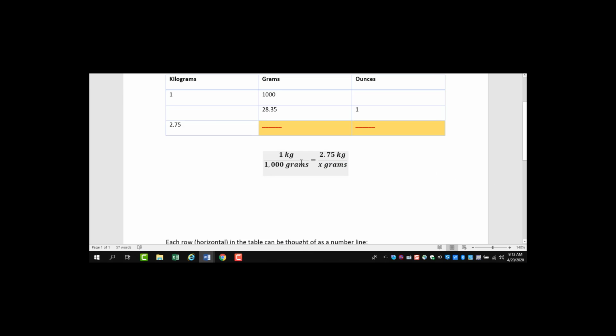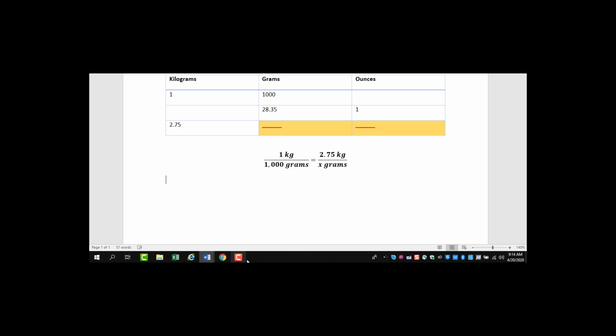So there is my proportion. Here's my known fact: 1 kilogram equals 1,000 grams. So there's my ratio. And the other ratio is I want to know 2.75 kilograms is how many grams. And the way I'm going to solve this is cross multiply and then divide. And you should be an expert at that now.